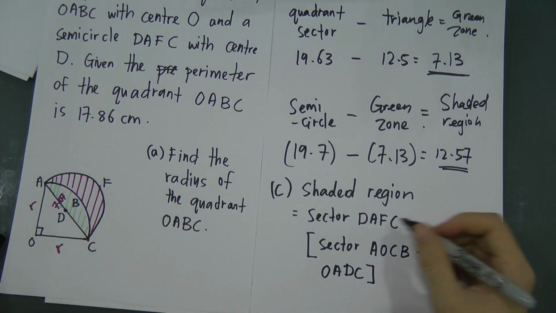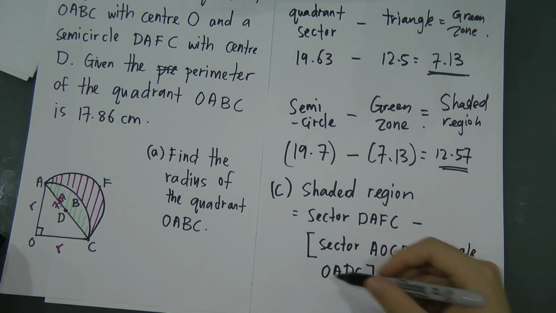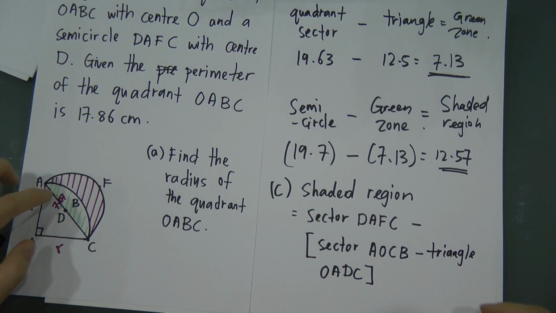We use the semicircle minus, so we have to do the bracket one first, because the bracket helps you to find the green zone. So you use the semicircle minus the green zone, you can get the shaded region.